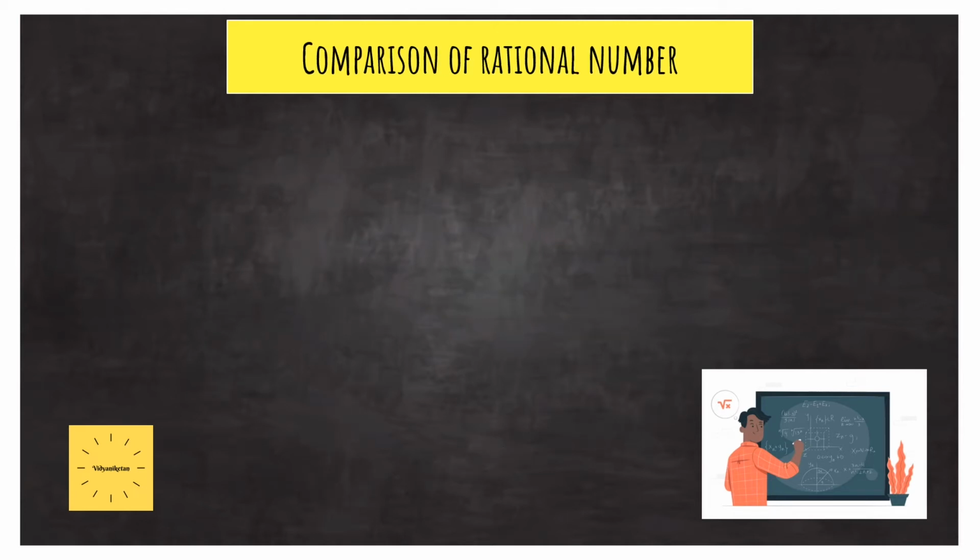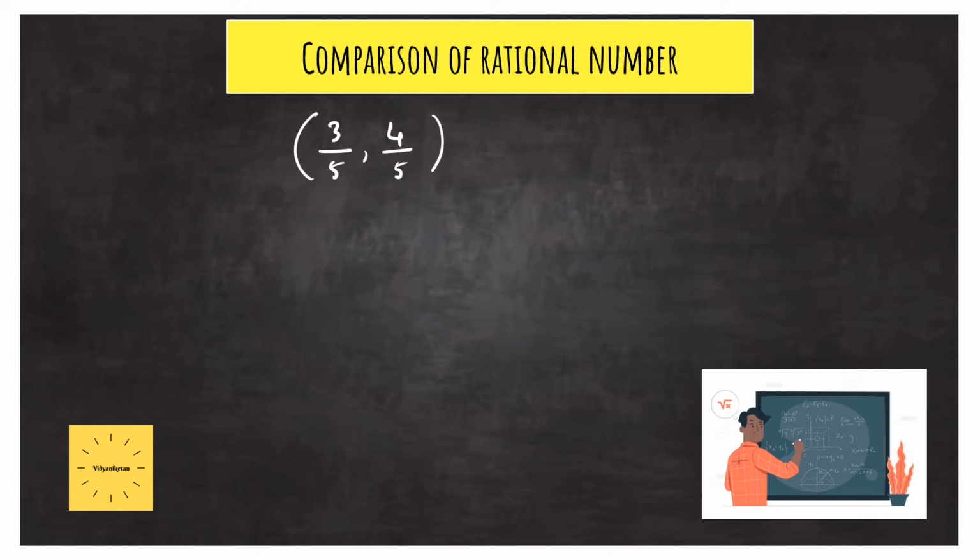Okay, so now we are moving to another topic, that is comparison of rational number. It is again a very important topic, and many questions you will get from this particular topic. So let us start. Let's say you have two rational numbers, 3 by 5 and 4 by 5.